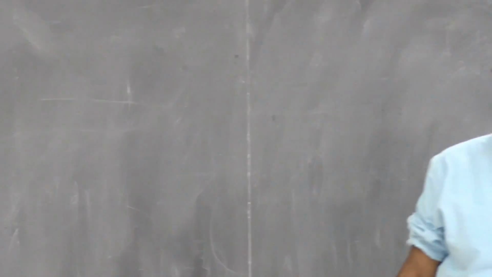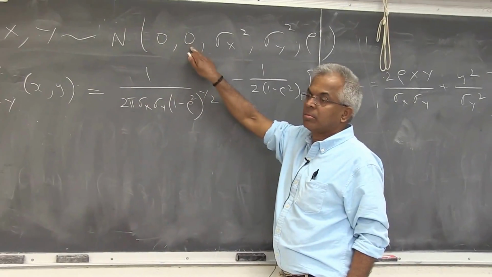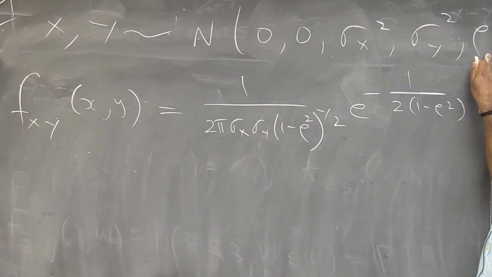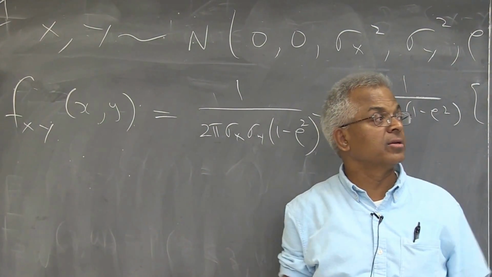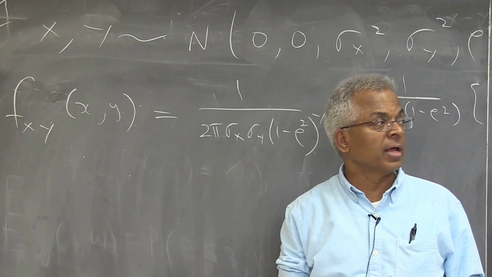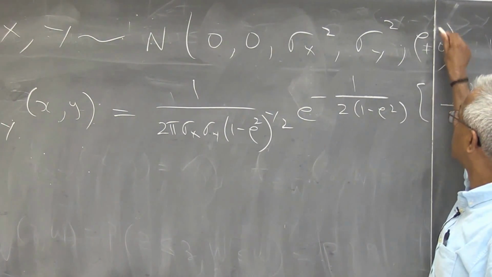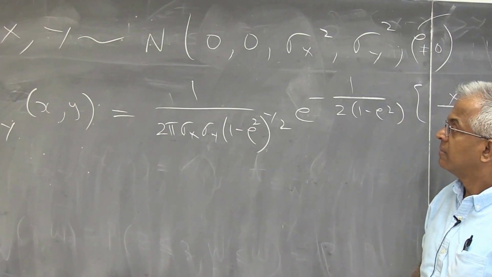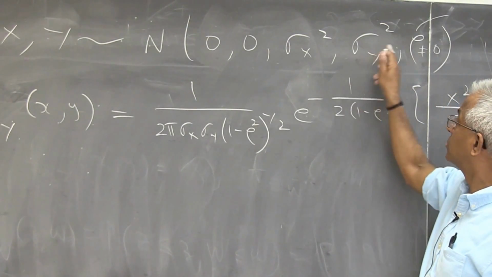Here I am considering the case where they are still zero mean but not equal variance and correlated. So this is still the same problem, except the two conditions have been relaxed. They are no more independent. Rho is not 0. Remember, this is the correlation coefficient, which we will discuss soon.